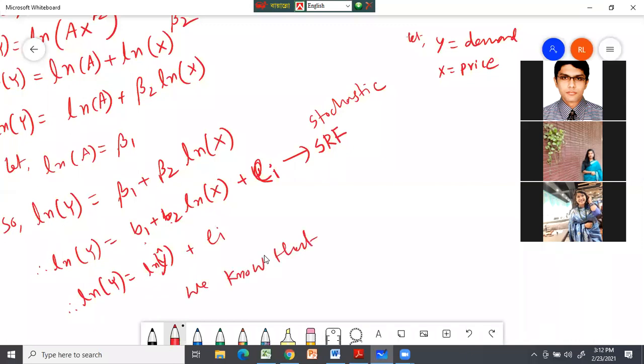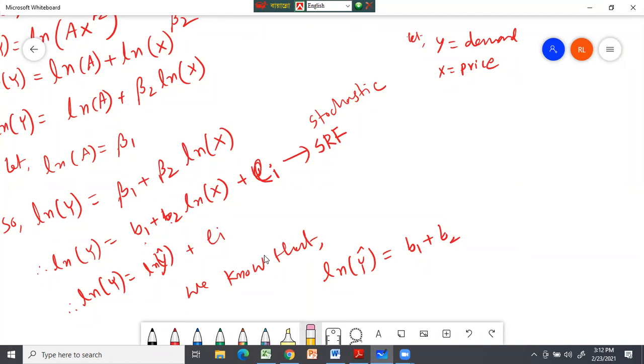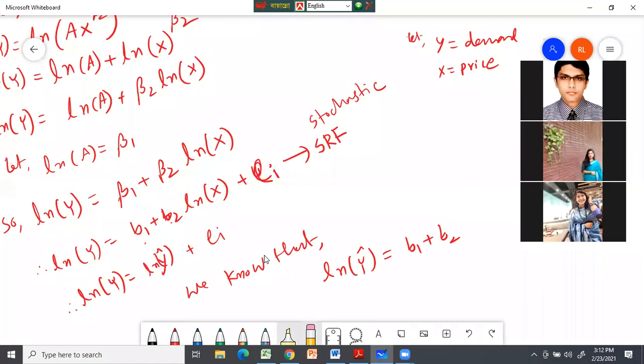because we know that when we are estimating the parameters from the sample, there is an estimation sign, which is followed by y hat, and this would be estimated based on the sample, and the value of B1 and B2 will be found according to the calculation of the OLS method or ordinary least square method.